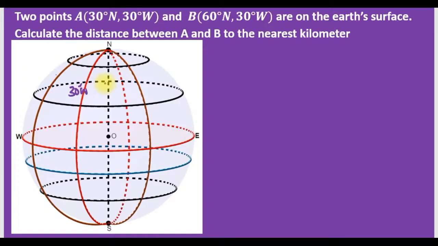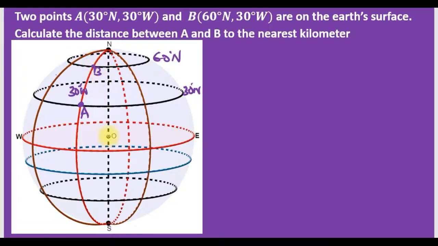If I take this to be 60 north, because I have 60 and 30, then this is 30 north. The first point A is the point of intersection of 30 north and 30 west. My B is 60 north, 30 west. Do you see it? They have a common longitude, so the distance is along the longitude.